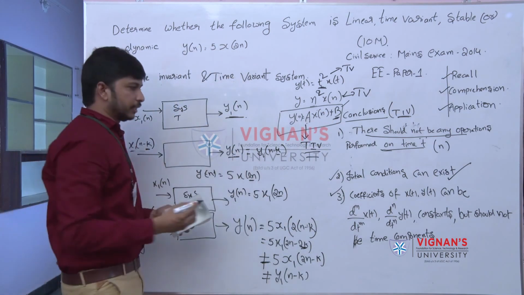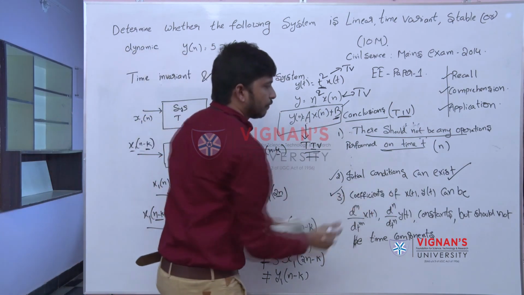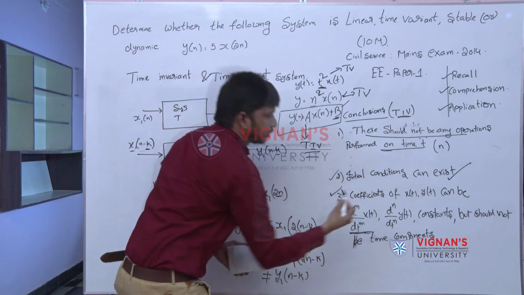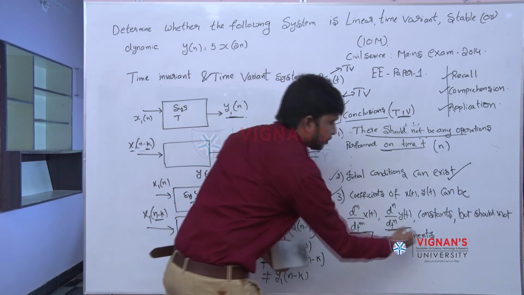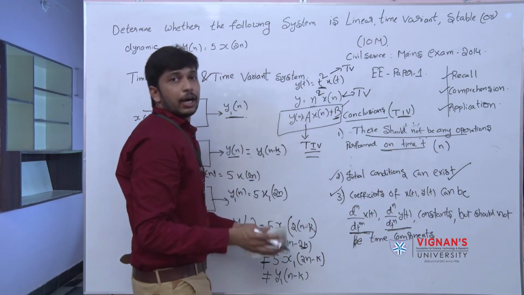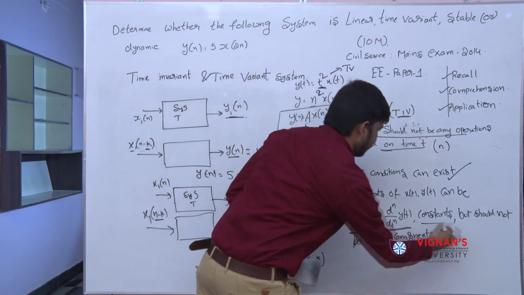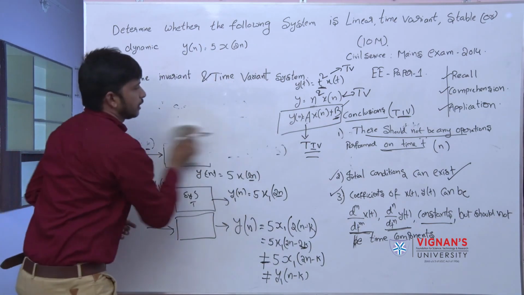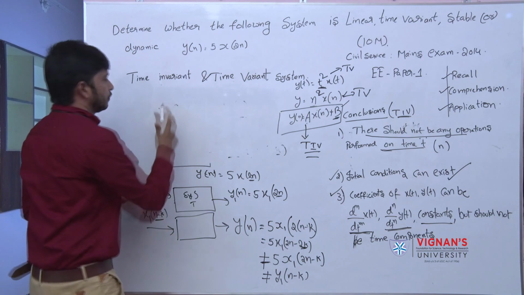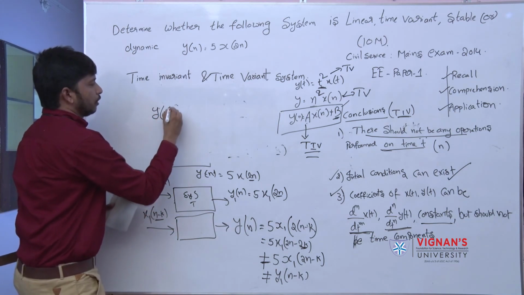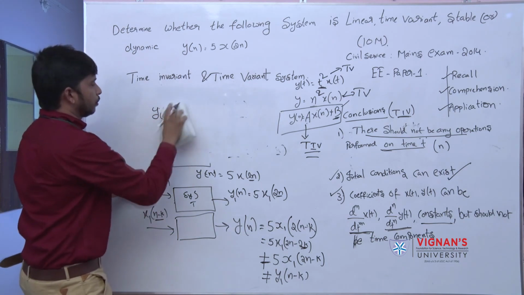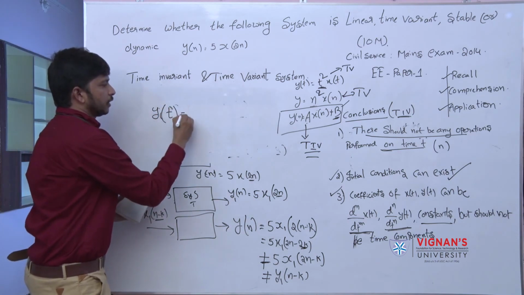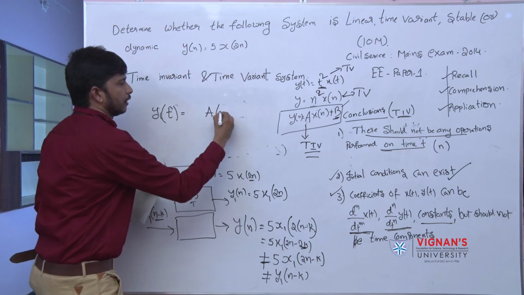So what is the third observation? The third observation is that the coefficients of x of t, y of t can be differential components of x of t, can be differential components of y of t, and can be constants. So what is the meaning? I am explaining in the continuous domain.